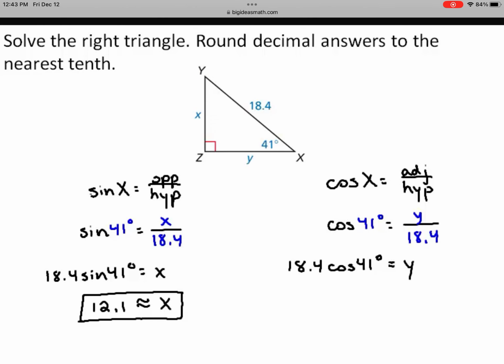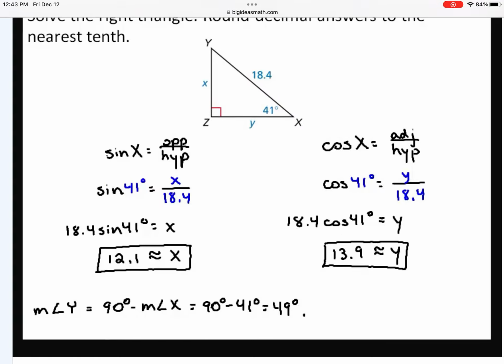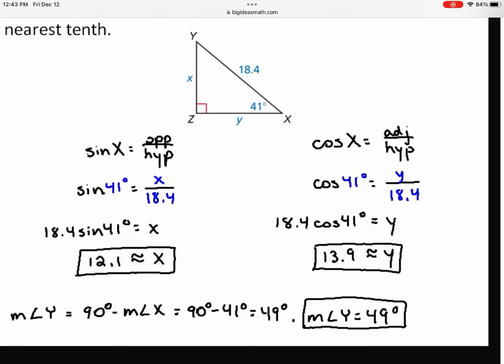Using your calculator to solve gives 13 and 9/10 is about y. Now find the measure of angle y. Because angle y and angle x are complements, you can write the measure of angle y equals 90 degrees minus the measure of angle x, which equals 90 degrees minus 41 degrees, or 49 degrees. So the measure of angle y equals 49 degrees.